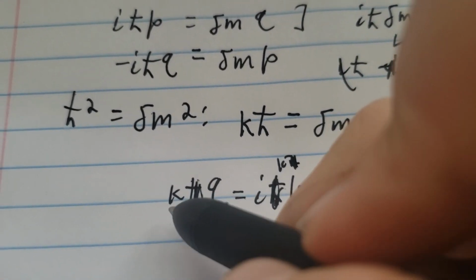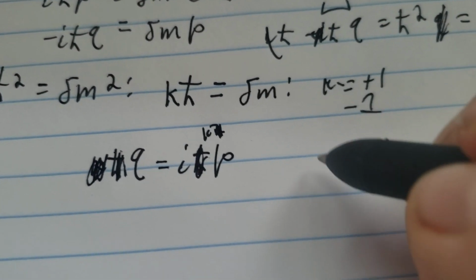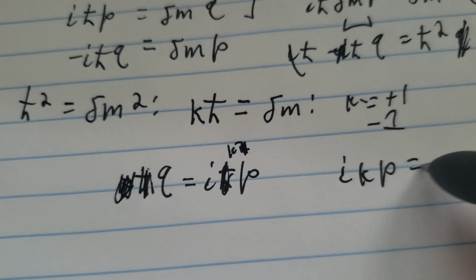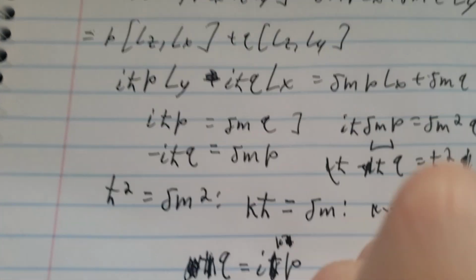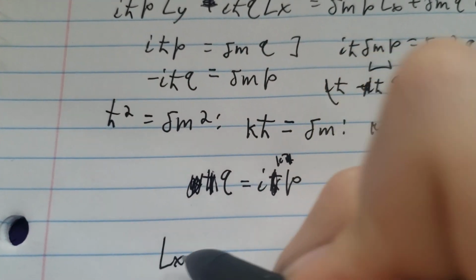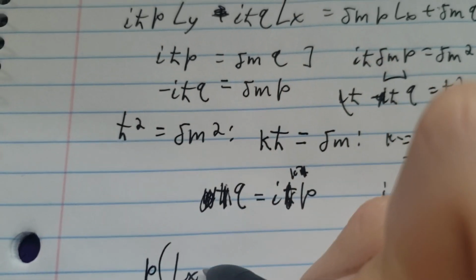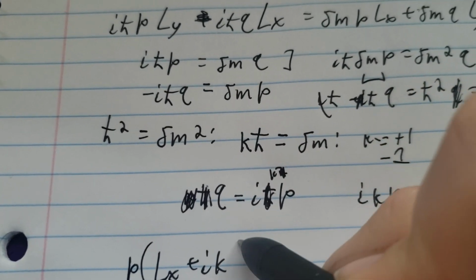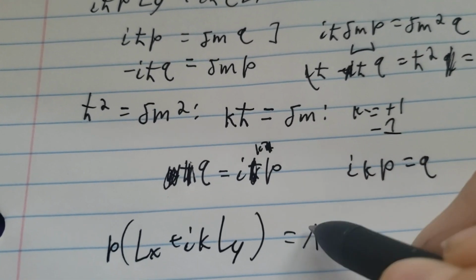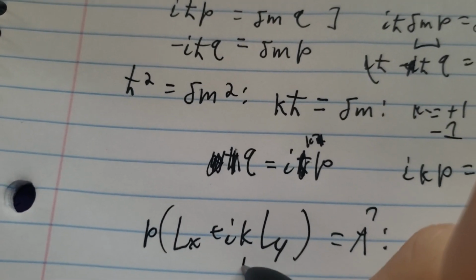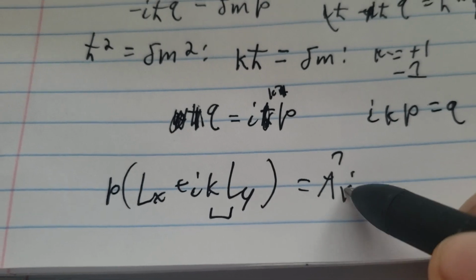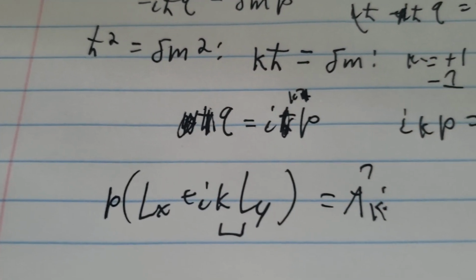So i k p is equal to q. So now we can write our ladder operators as Lx plus i k Ly. Now we have two different ladder operators, one for k equals plus 1 and one for k equals negative 1.